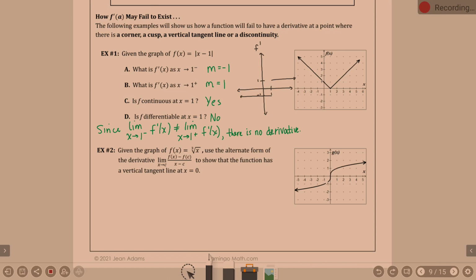Okay? Could you just have a line that starts on the negative side and then goes to the positive side?